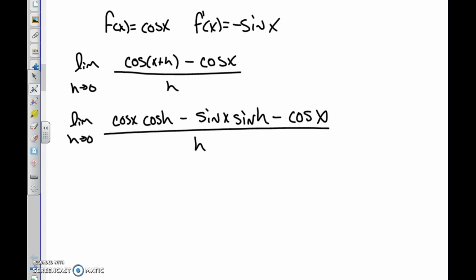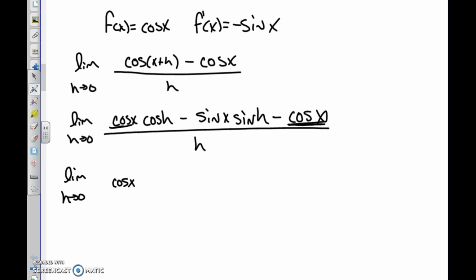So what I see is there's going to be a cosine in common with these two here, and when I factor out the cosine of x, it's going to leave me with cosine of h minus 1, which we can manipulate to be the 1 minus cosine that we need. So I'm going to put the two of them together side by side and then factor out the cosine of x.